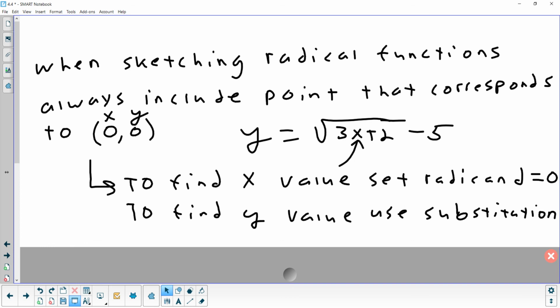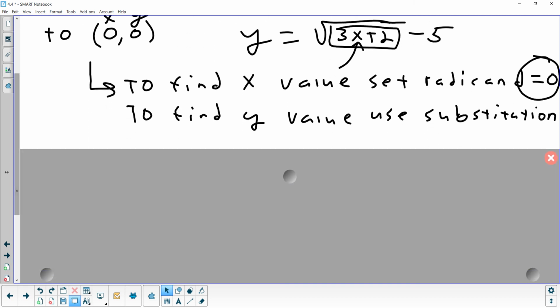The substitution should be very simple if you did that part correctly, because you already know what you're going to get when you plug it back in, at least right here. And if you don't get 0, then you did something wrong. But let's try an example.